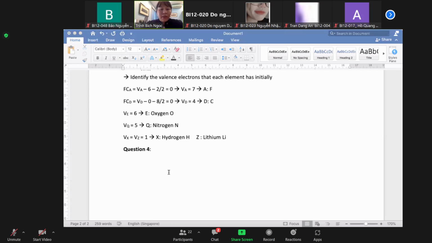So they give you the incomplete Lewis structure.